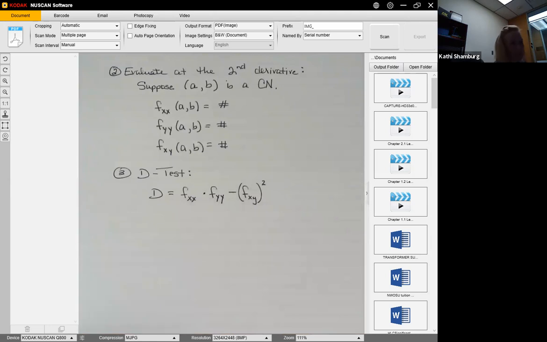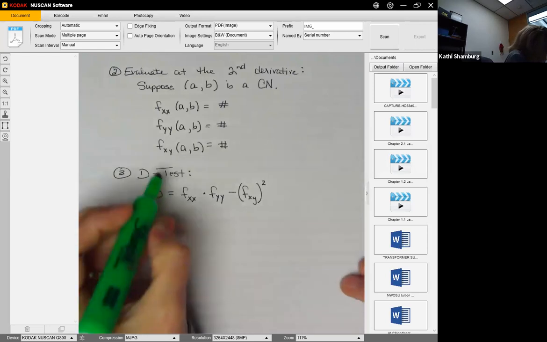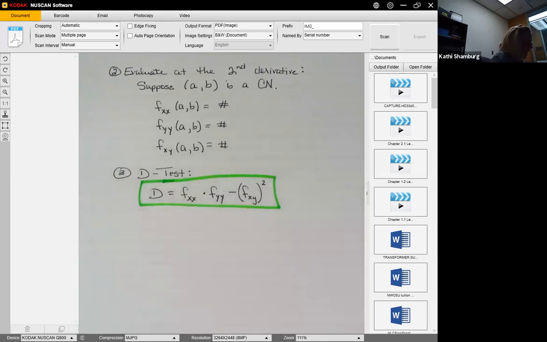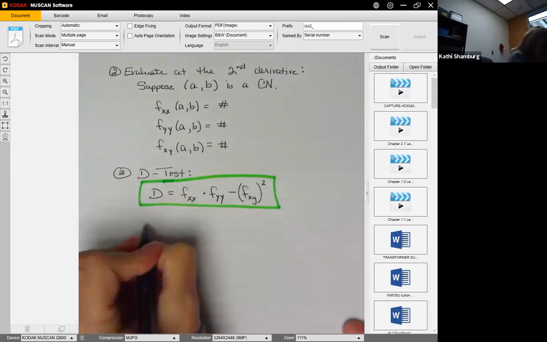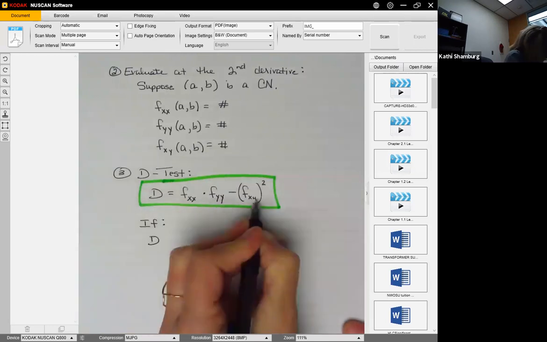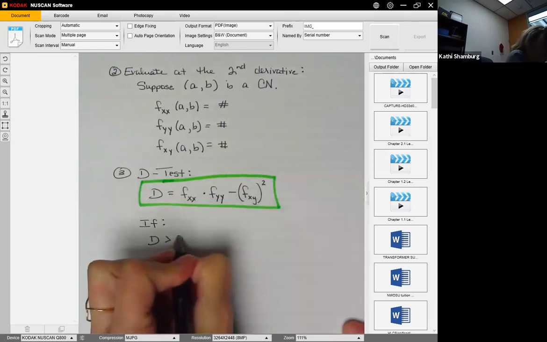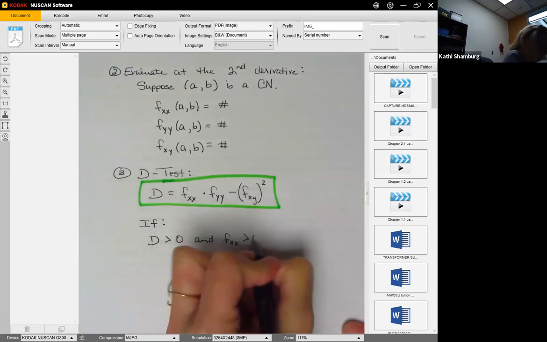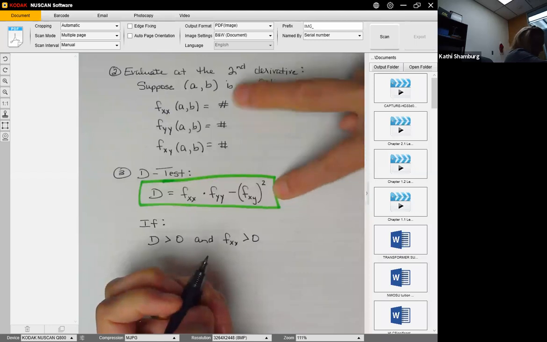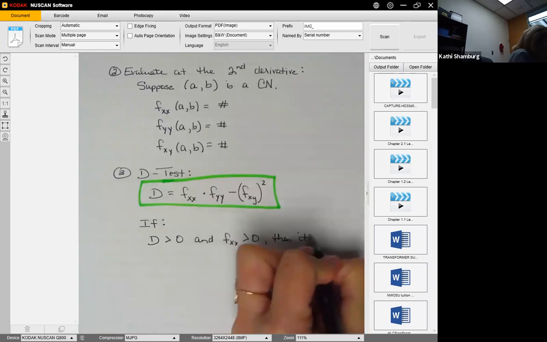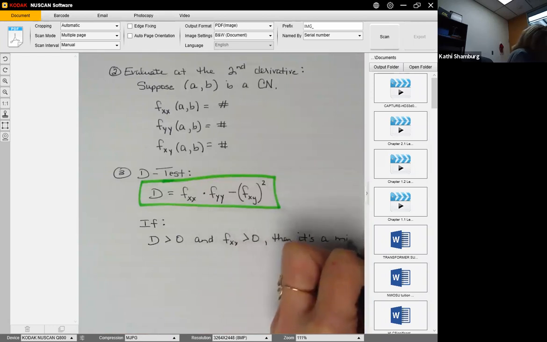I want to show you something here a minute. Okay, so when you plug these values in, you're going to find out what D is, and then the result of that is going to help you establish your results. So if the D-test value is greater than 0, and f sub xx is greater than 0, then that critical number is a minimum.